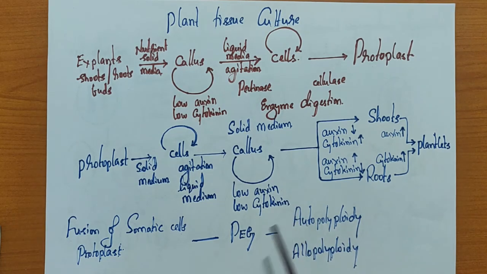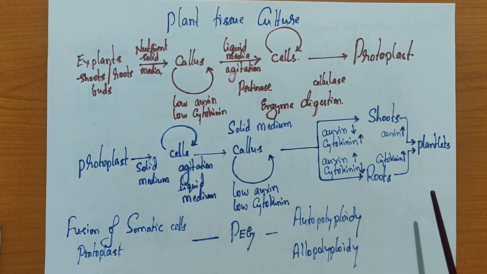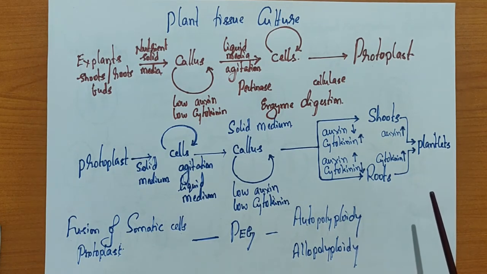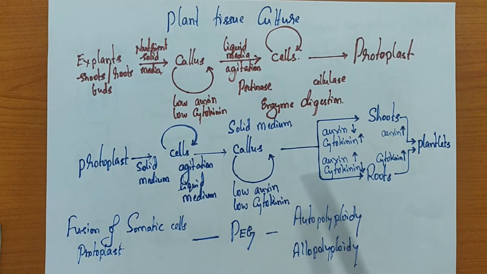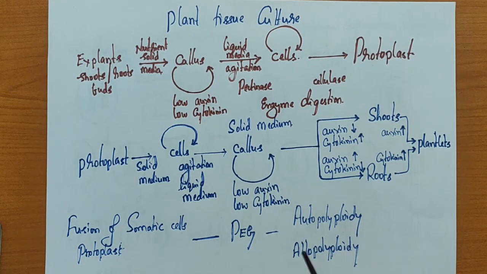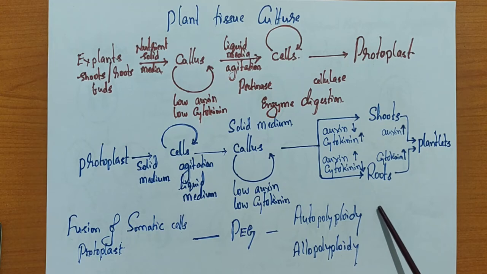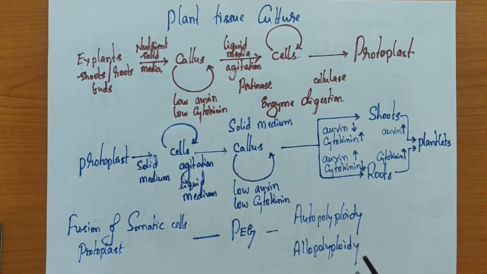On the other hand, you take cells from two different species but more or less related. Then when you create a plantlet by fusing two different species, we call this allopolyploidy. See, both autopolyploidy and allopolyploidy are common in nature.